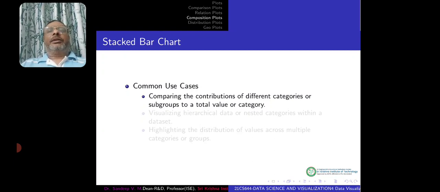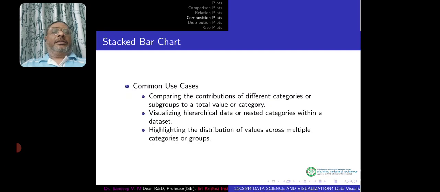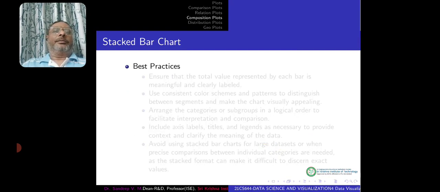So that's the advantage of working with the stacked bar chart. So this can be well used when visualizing hierarchical data or nested categories within the data set, and it's very well suited for highlighting the distribution of the values across multiple categories or groups.